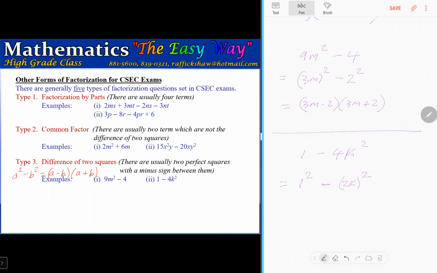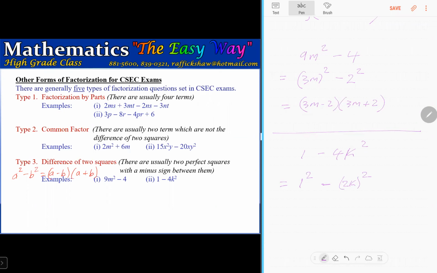So the perfect square numbers are 1, 4, 9, 16, 25, 36, 49, 64, 81, and so on. You have to know those numbers, the perfect square numbers, all the way up to about 15 squared, which is 225. 14 squared is 196. 13 squared is 169.